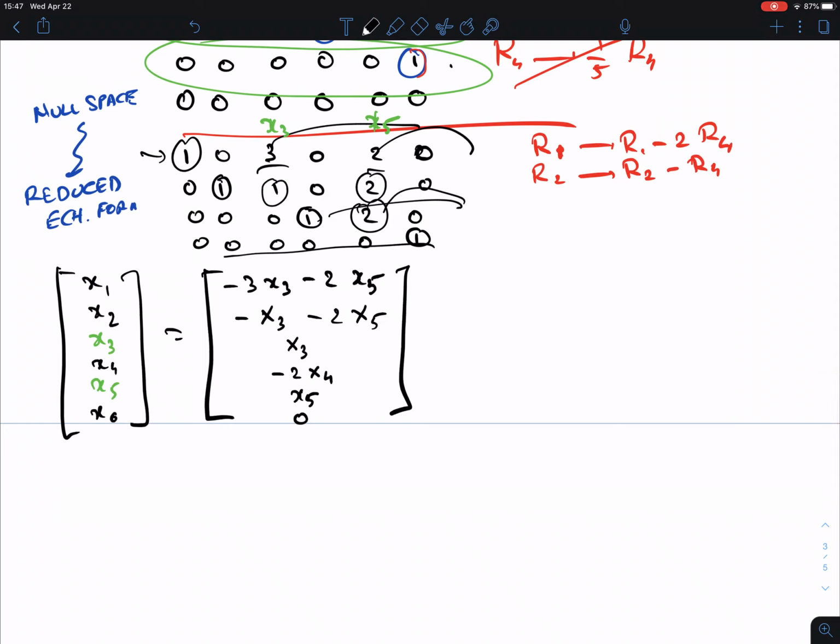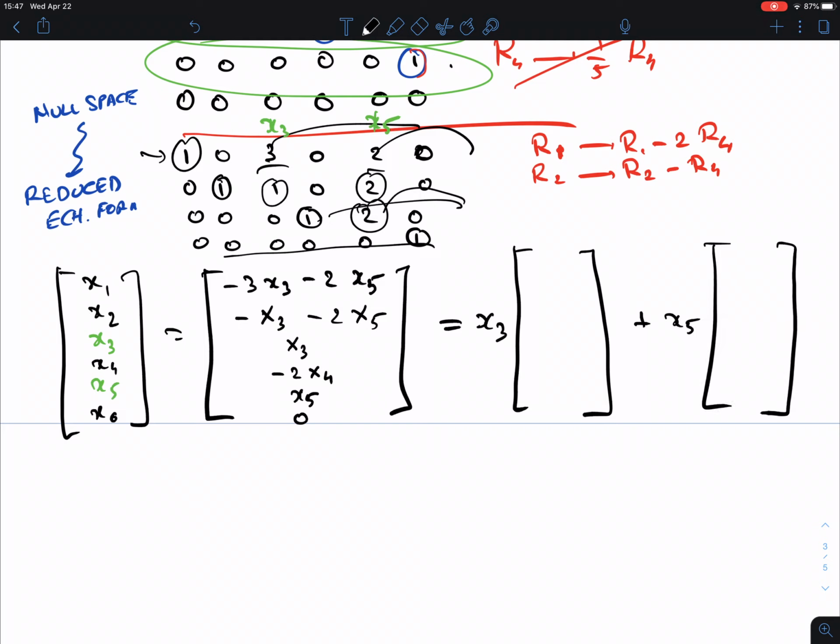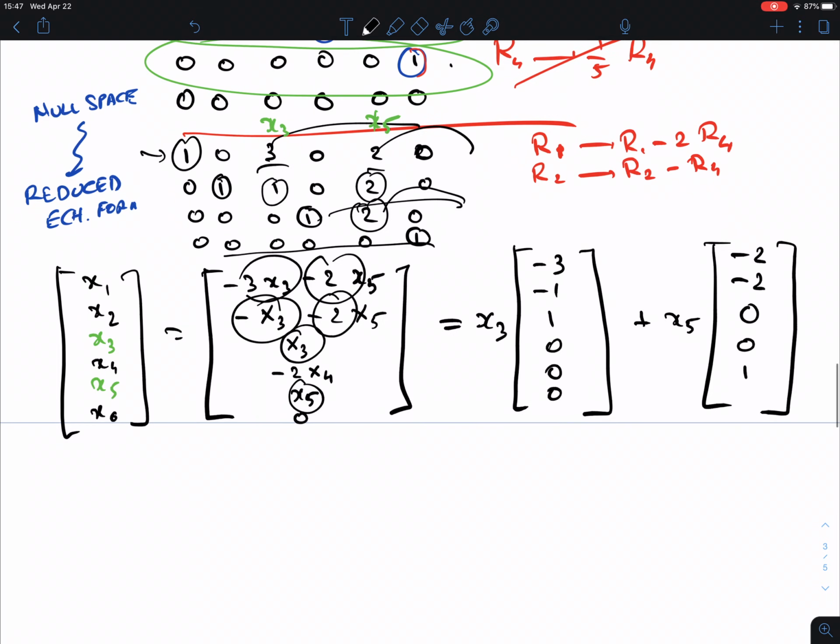And so what now? Well, now we look at the elements that have an x3 in it and the elements that contain an x5. And that gives me the basis for the null space. So we get a minus 3 from here, we get a minus 1 there, we get a 1 there, and then zeros everywhere because there's no x3 anymore. For x5 we do the same thing, we get a negative 2 there, another negative 2, a 0 there, a 0 there, and there's a 1 here, and then 0.